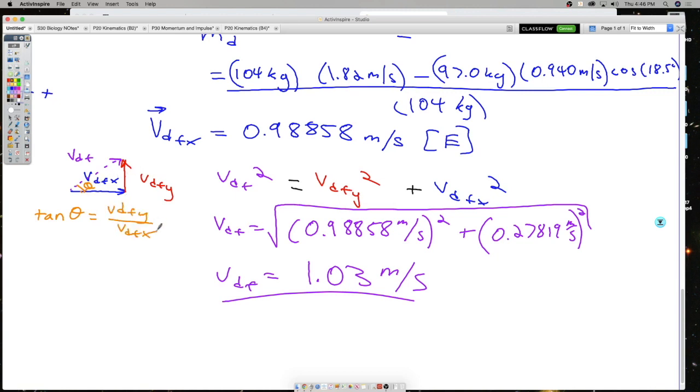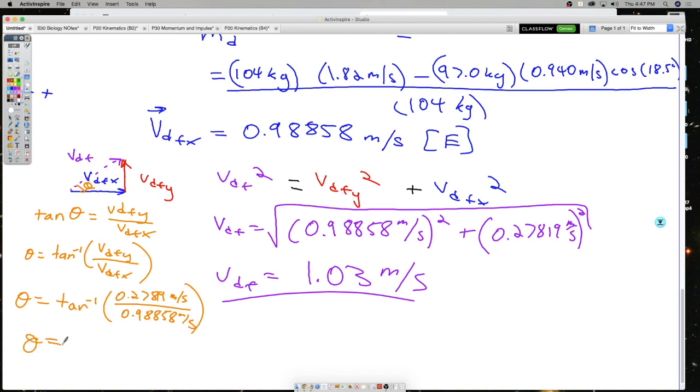We want theta, not tan theta, so we take the inverse tan of both sides, and then theta equals. We have those just written above. Now I get to 3 sig digs that theta is 15.7 degrees.